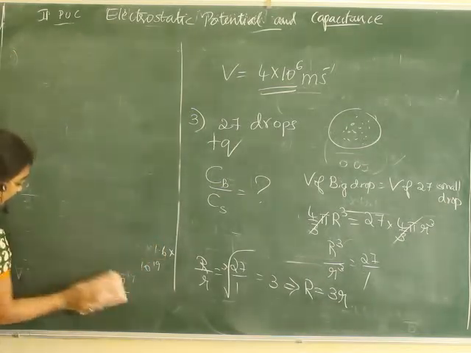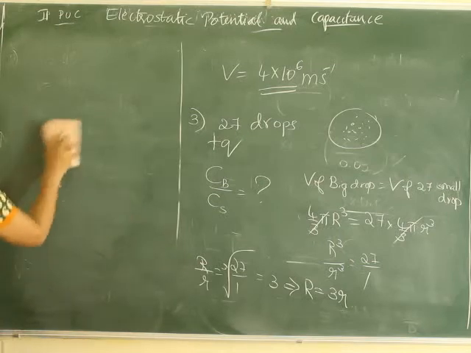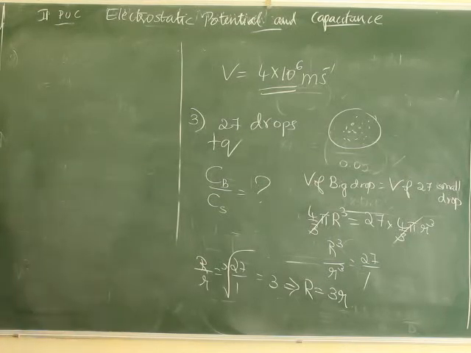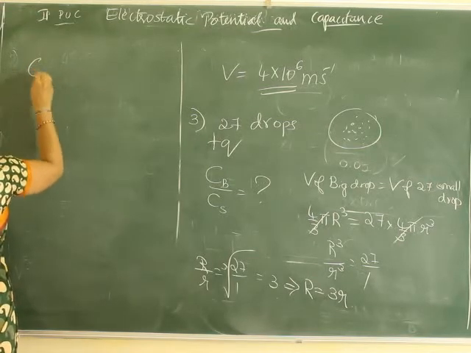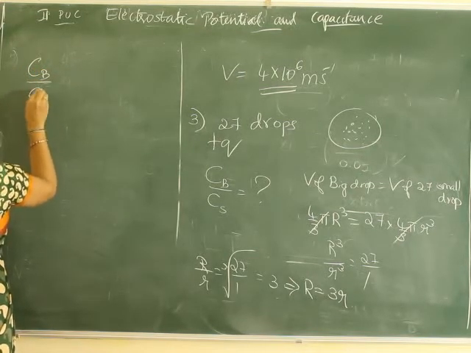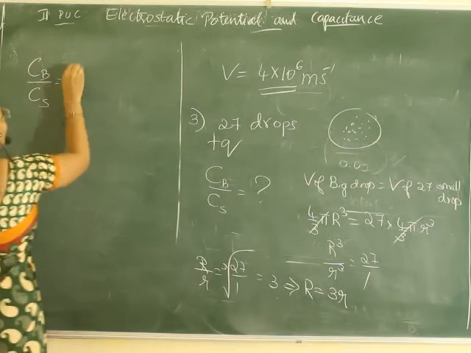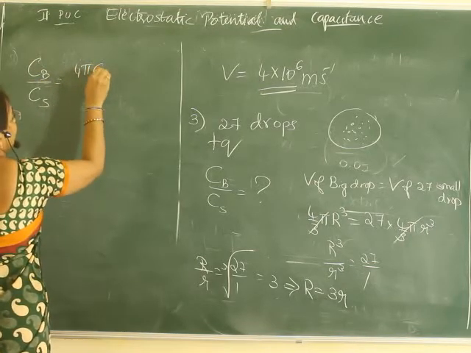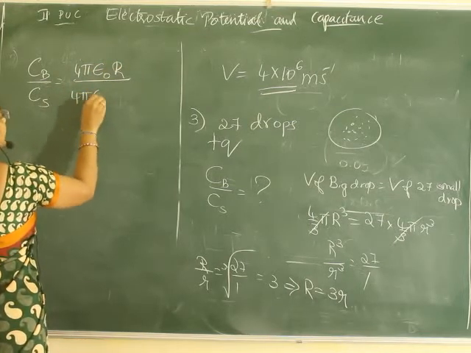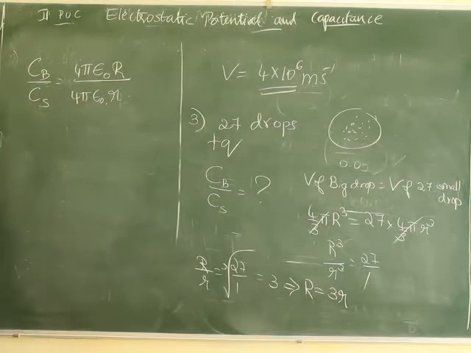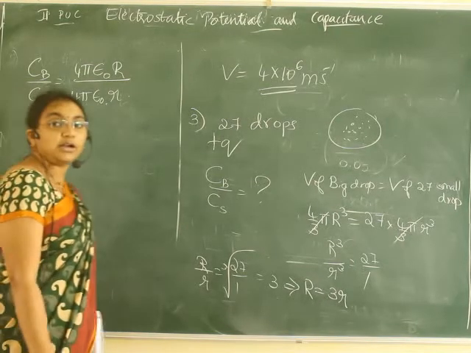Next, since it is spherical, we have not finished. We want to calculate capacitance. What is the capacitance of the spherical capacitor? 4 pi epsilon naught R by 4 pi epsilon naught r. Correct? I just gave you a formula to write as a note.